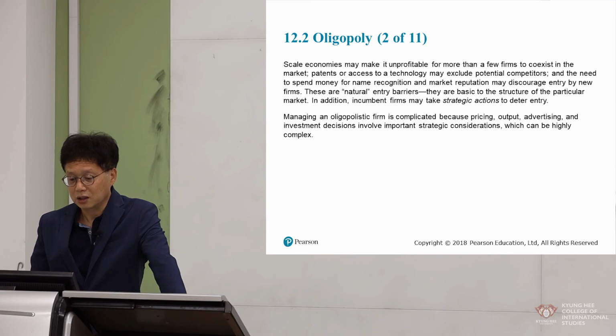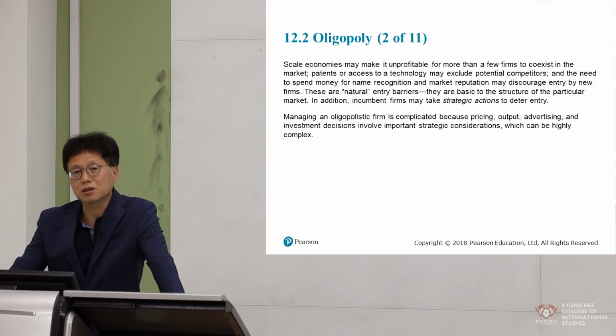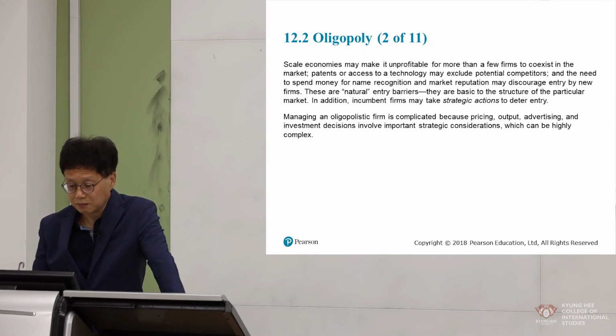Can you understand? Because of this reason, imperfectly competitive market structures prevailed after the Second World War. Actually, this kind of change happened in capitalist development after the First and Second World Wars, the imperialist period.